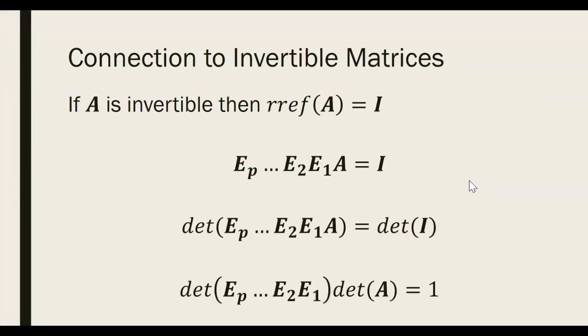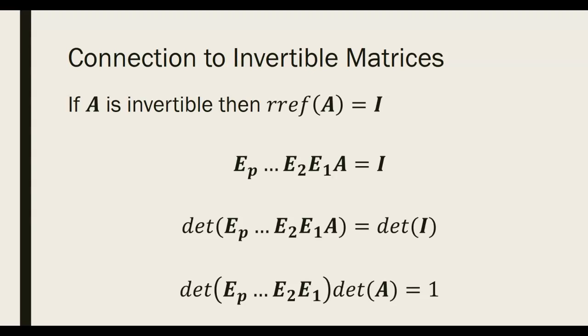All right, now let's connect this idea to invertible matrices. So we already saw in section 2.2 that if A is an invertible matrix, then it's going to row reduce to the identity. So the reduced row echelon form of A is the identity.